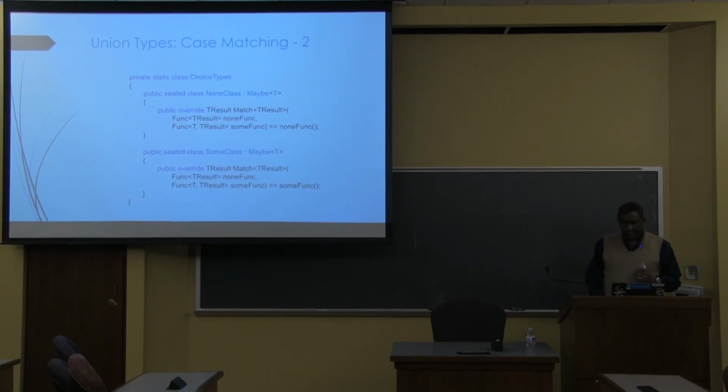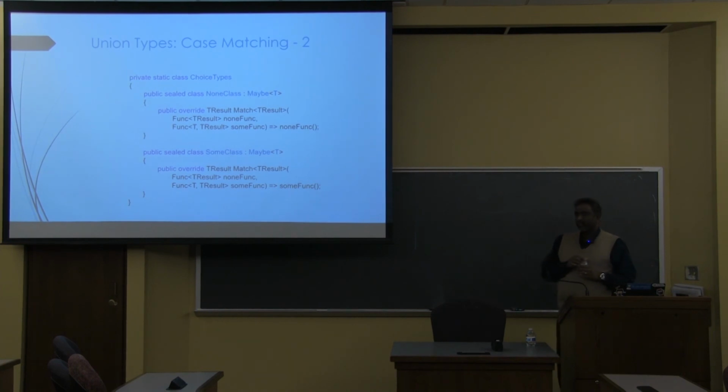And on the inner class, like good object-oriented programmers, we override and delegate to the right class to do the right thing. So the none class will only exercise the none func, and the sum class will only exercise the sum func.